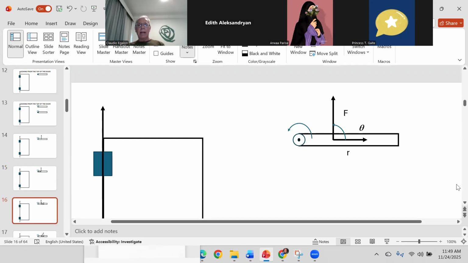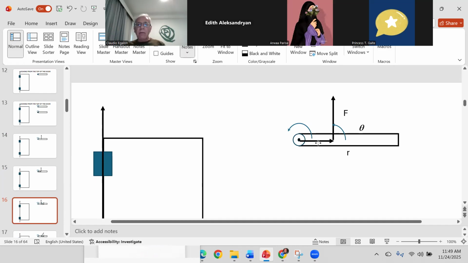Okay, here you go. That's the angle, theta. So the torque is defined in terms of this angle theta between the vector position of the point of application of the force and the force itself. Remember, it's the vector position of the point of application of the force.